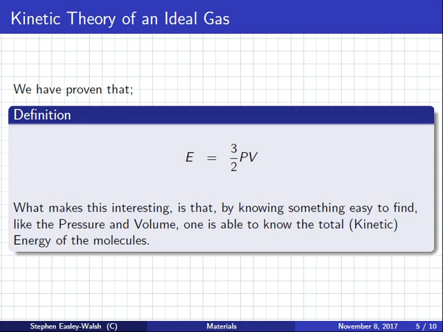Yes, it would be very hard. In fact, maybe even impossible. But what's so nice about this formula is something which is very difficult to calculate can be equal to a problem which is very easy to calculate. So by simply knowing the pressure and the volume of the gas, we can know the total kinetic energy of the molecules in the gas.